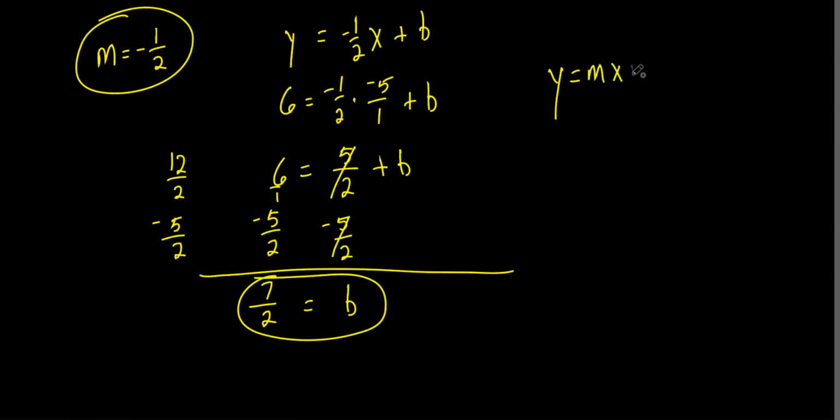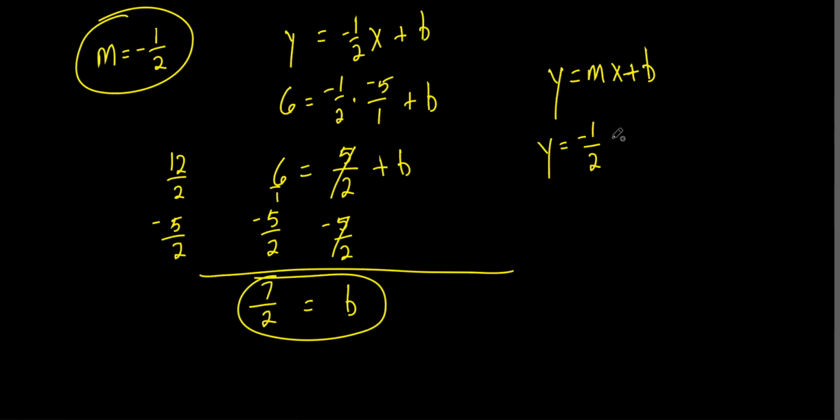Here's my slope-intercept form again. How do I write my equation? Well, I have to put y equals, and then the m. What's the m? Look at it. Negative 1/2. It's not negative 1.5. It's just negative 1/2.